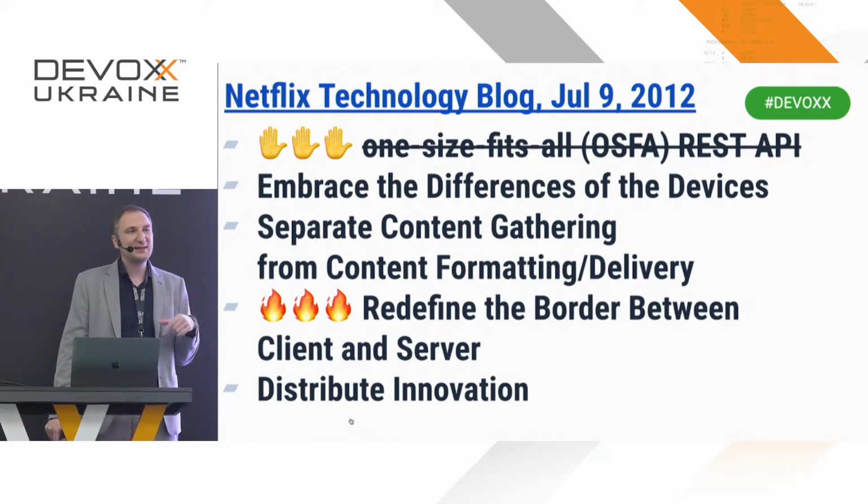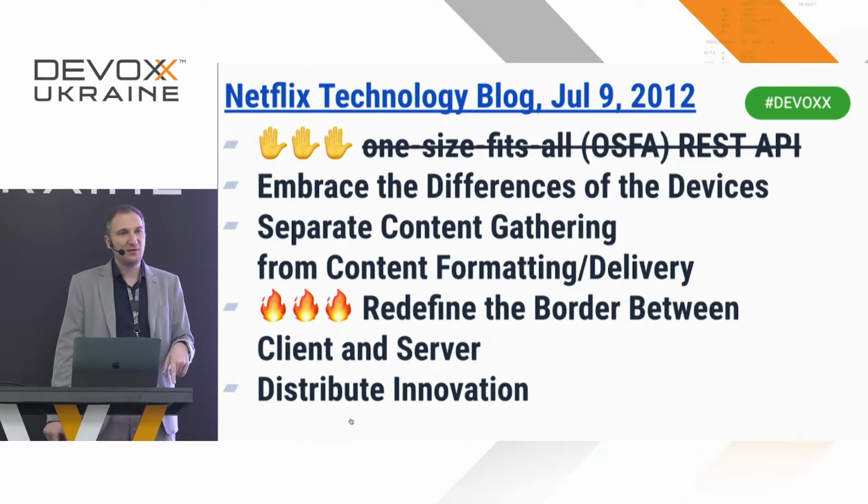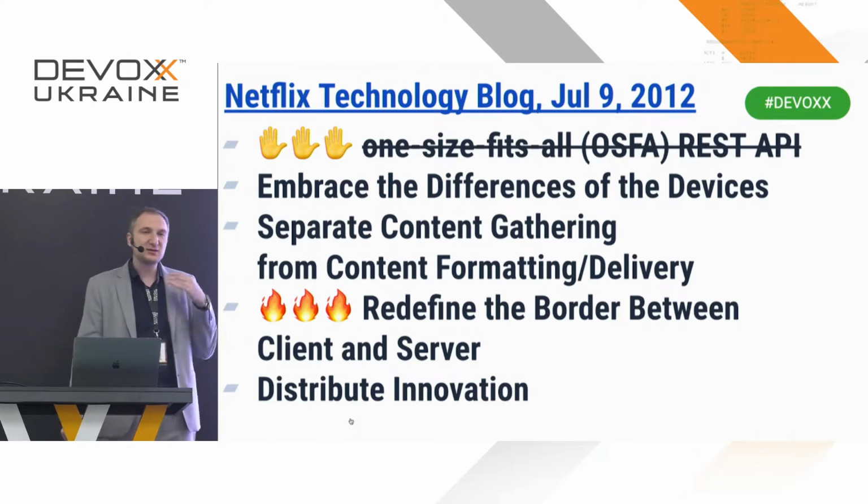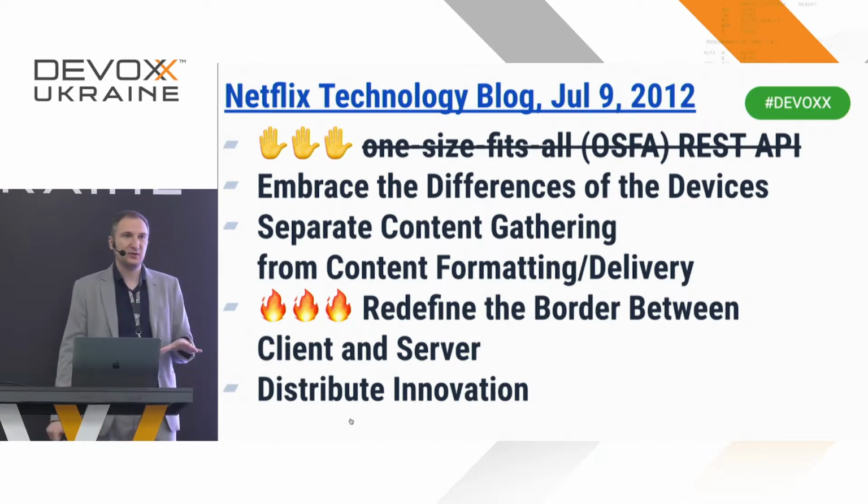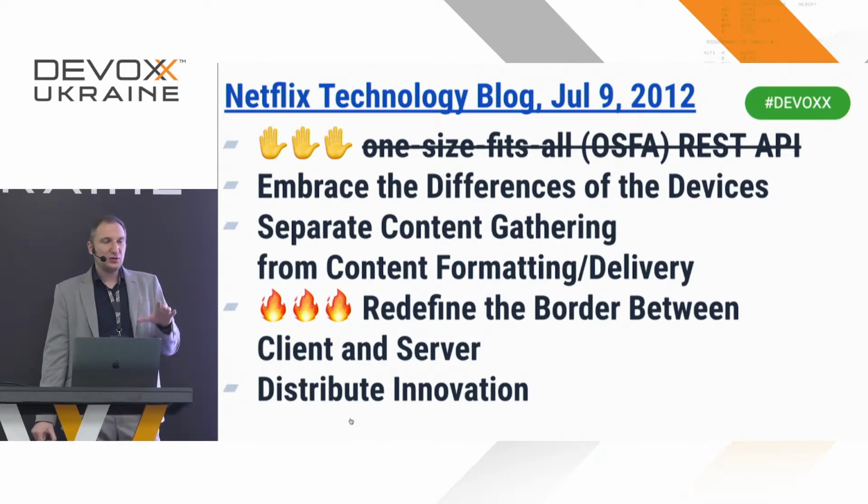They let client developers implement stuff on the backend. And this is my idea, because you don't have problems with communication between front-end and back-end guys, because you have a new role on the team as backend for front-end developer.